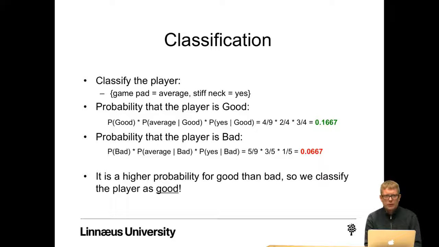And we just look up all these numbers in our table and we see that it results in a probability of 0.0667. And the results here show us that it's a higher probability that this player that has an average gamepad and a stiff neck is good than the player being bad, so we classify that this player is good at FIFA.